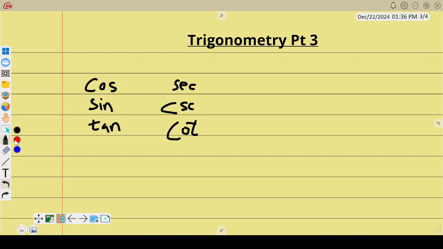If you want to write them in full, cos is just a short form. So this is cosine. Sine, we write it like that. Tan is tangent. So these have their corresponding special trig ratios. Cos goes with sec, sine goes with cosec, and tan goes with cot.